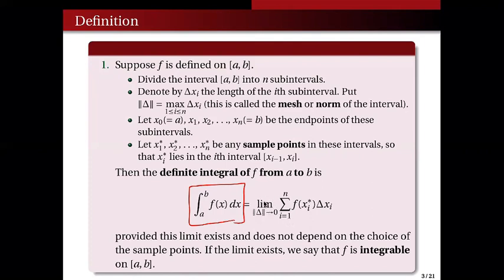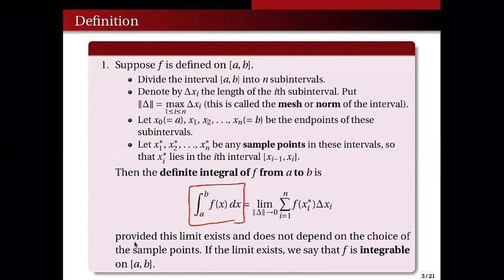But look at this. We have the limit as the norm, take note of that, this guy here, the norm of the partition, as the norm tends to 0. So the definite integral of f of x dx from a to b is the limit as the norm tends to 0 of the summation of f of x sub i star times delta x sub i running from 1 up to n.